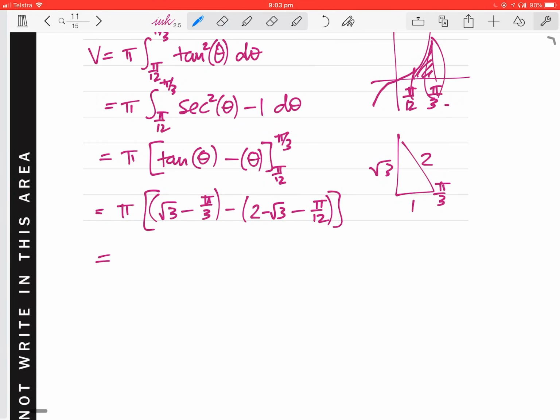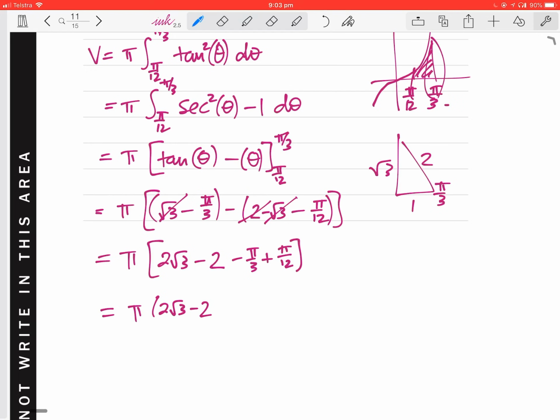So I've got pi root 3 plus root 3, it's 2 root 3, minus 2. Then negative pi on 3 plus pi on 12. If we make that a 12, that's going to be a 4. So pi times, in a normal bracket, 2 root 3 minus 2, minus 4 pi on 12 minus pi on 12, which is minus 3 pi on 12, which is minus pi on 4.